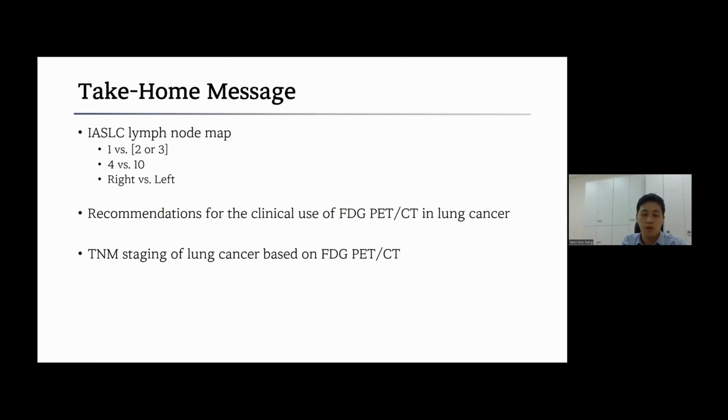And the answer may be correct or sometimes incorrect, but I think the differentiation between these two pathologies might be impossible with FDG-PET-CT.